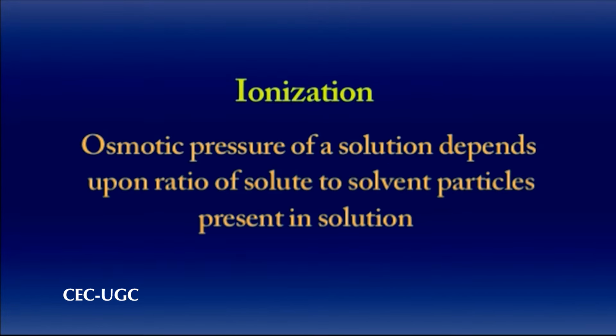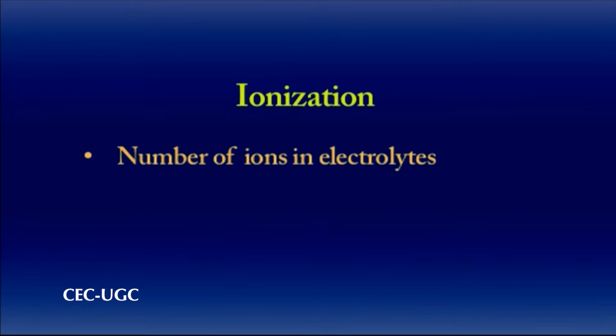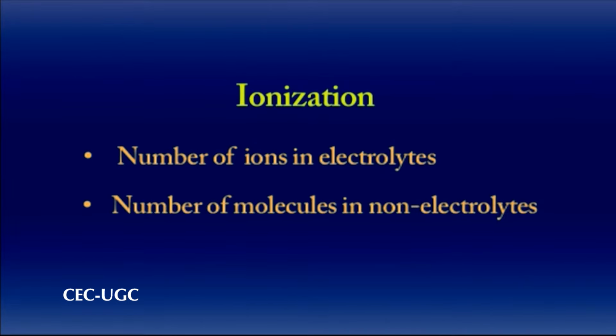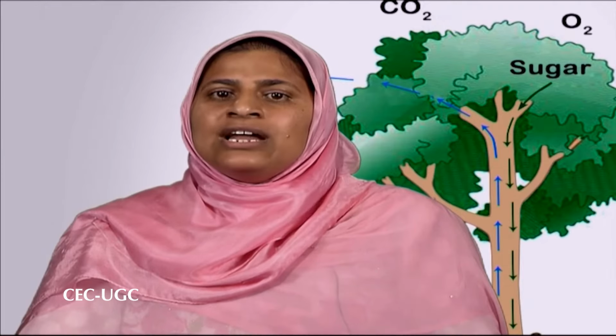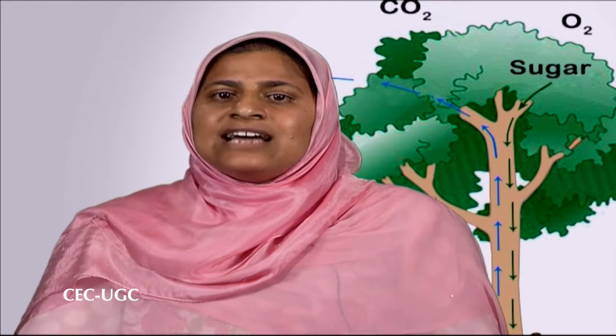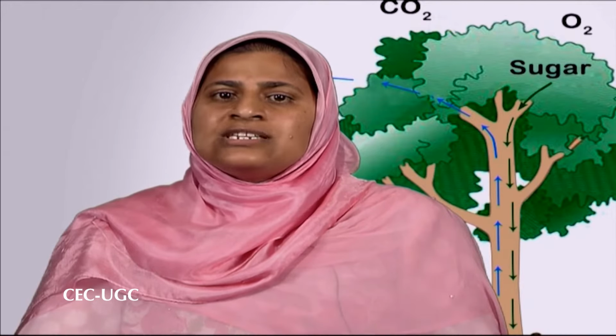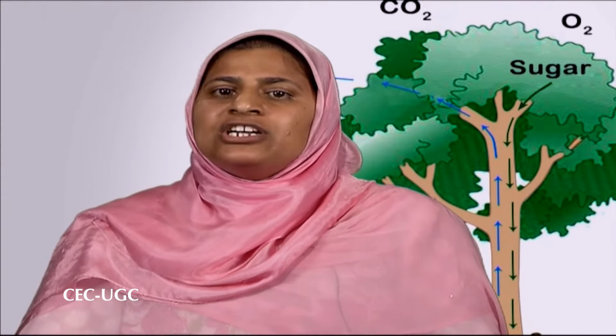Third one is ionization. The osmotic pressure of a solution depends upon the ratio of solute to solvent particles present in the solution, that is, the number of ions in case of electrolytes and molecules in case of non-electrolytes. Therefore, it may be said that the ionizable molecules possess a higher osmotic pressure.